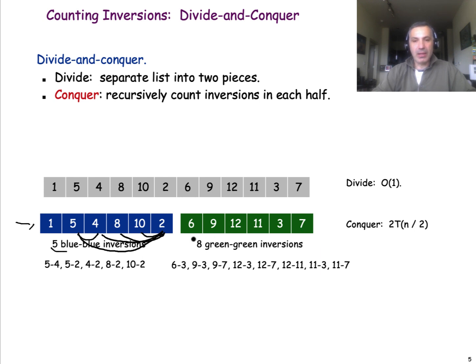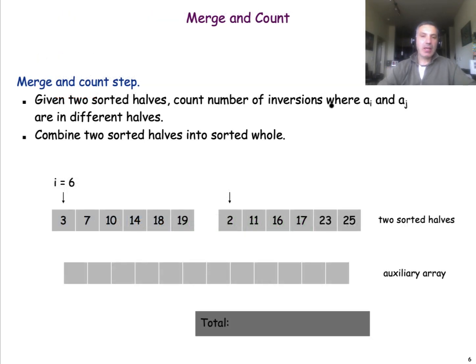And similarly in the green array I have these 8 inversions that you see down here, say between 6 and 3 and so on. So the question is here, how would I combine these two arrays and at the same time count the inversions that happen between elements of the blue array and elements of the green array? So let's see how we can solve this problem using an idea that is quite similar to merge sort.